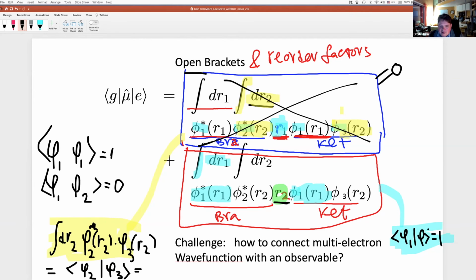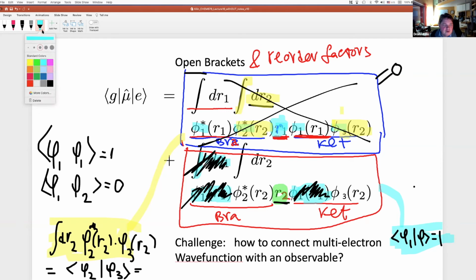Now it means that I can completely cross out this blue stuff, and we have a substantially smaller number of terms. So I have only integration over R2, this wave function, this R2 in the middle, and this phi 3.